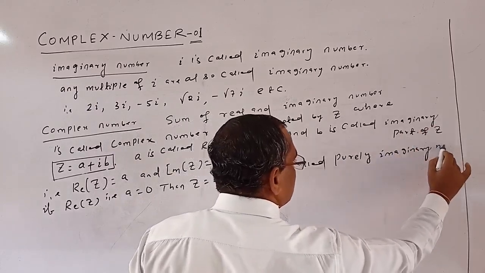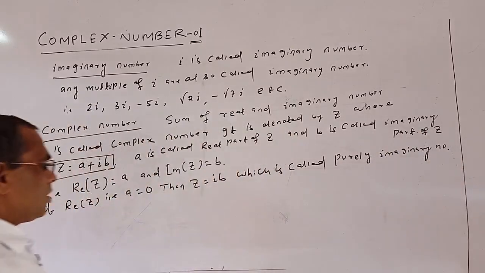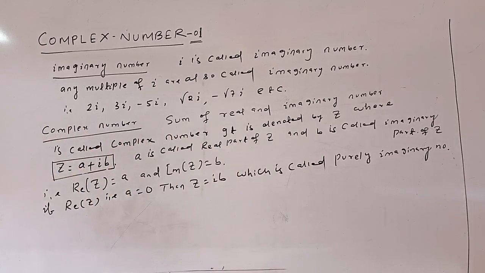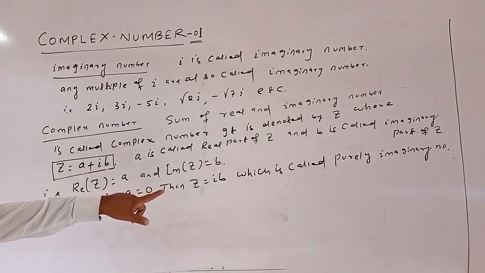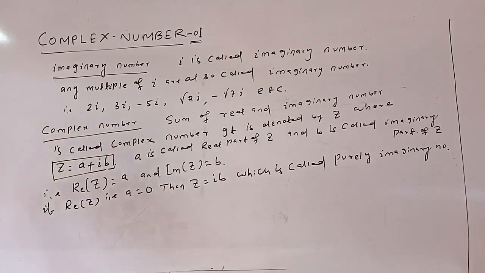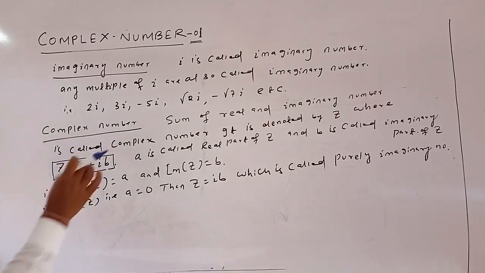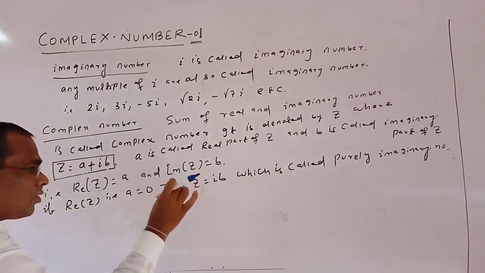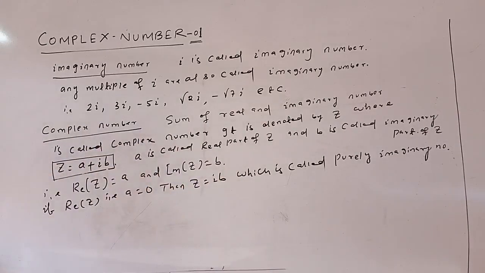So if a complex number's real part is 0, then z equal to ib, which is a purely imaginary number. So a purely imaginary number is a complex number whose real part is 0.